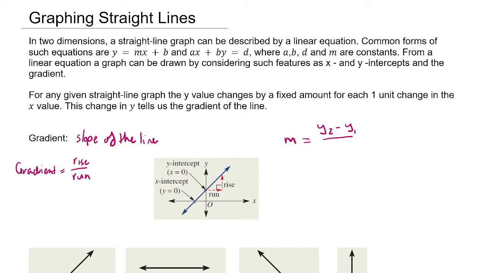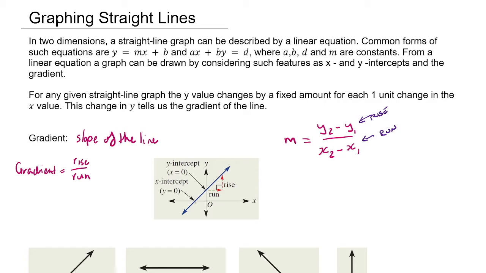We find that difference and then we find this difference, and that's our rise over run. You can see in the little diagram there, that's what's happening.